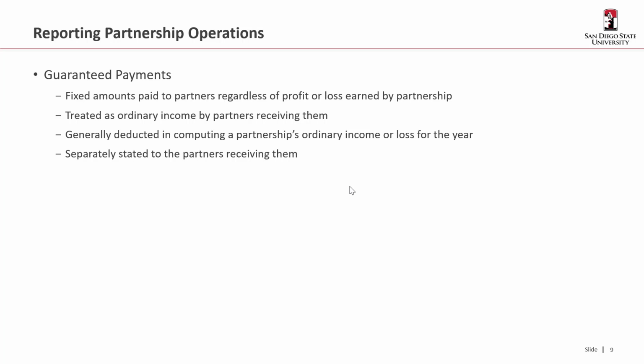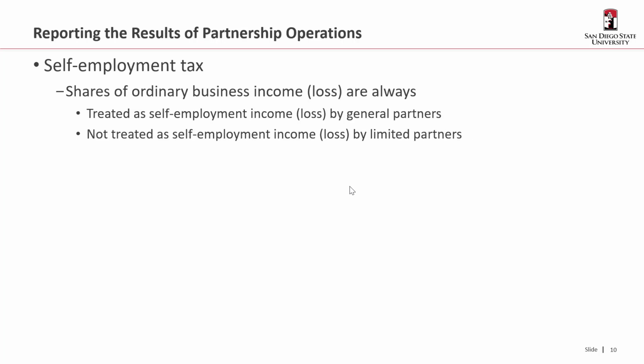They're treated as ordinary income by the partners that receive them, but they are deducted in computing the partnership's ordinary income or loss for the year. These items are included in ordinary business income, but they are also separately stated to the partner that receives them. So you don't get a Form W-2 to report your wages from a partnership. You get a K-1, and on that K-1 would be listed your guaranteed payments.